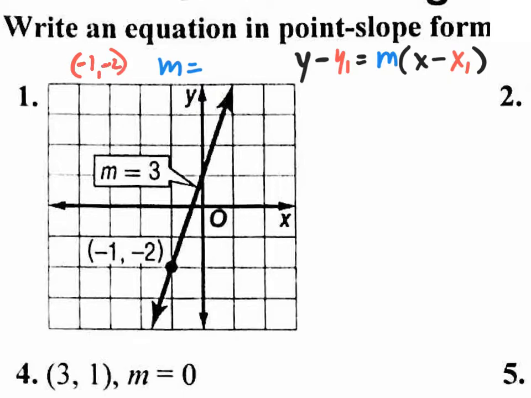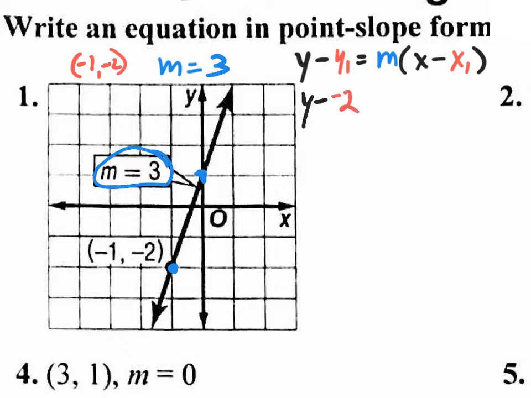And the slope, they actually give you, it says right here, the slope is 3. Of course, you could count, from here up to here, what do I rise? Up 1, 2, 3 over 1. So yeah, the slope is 3. So now you know your point and now you know your slope. You could just plug it all into point-slope form and you're done. So it's going to be y minus what? y minus, what is y1? -2.